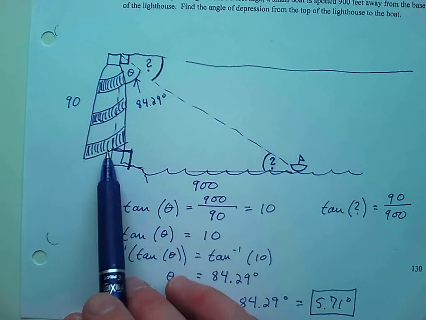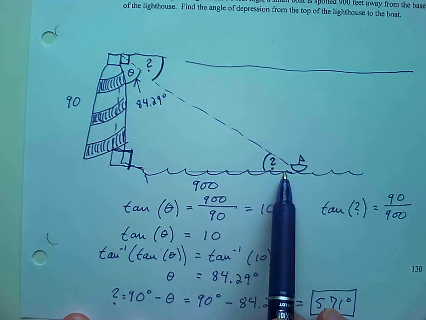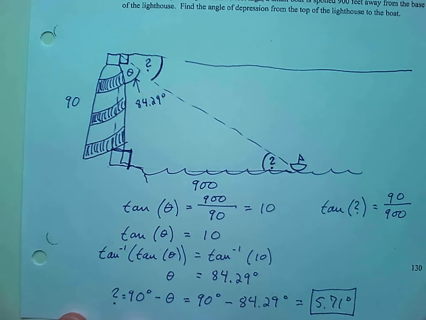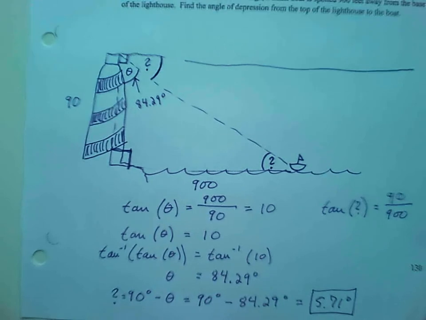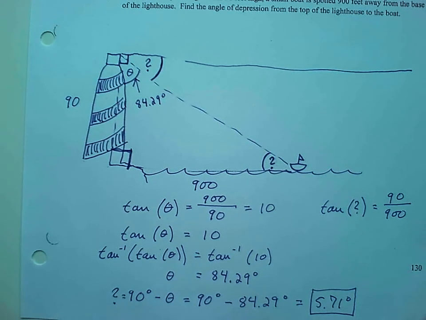You could have just as easily done this, because then this becomes opposite over adjacent. And you could have solved it this way. You will end up with the exact same solution. So there's a couple of different ways that we can go about answering this question. But again, your final answer should be 5.71 degrees.